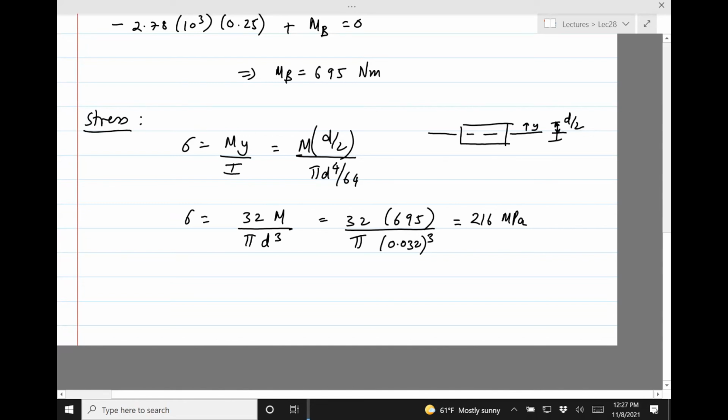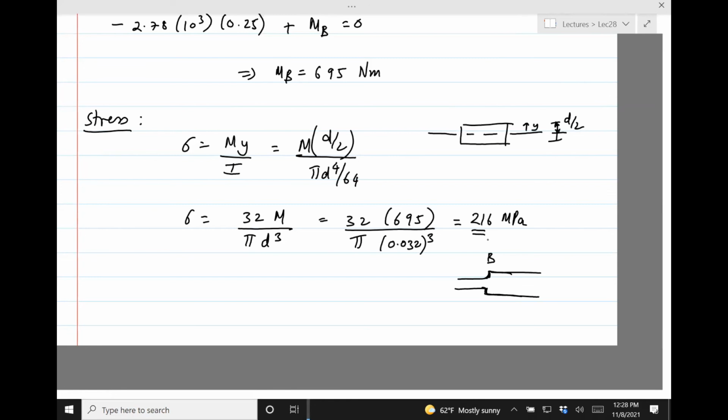Okay, so we found the stress, but remember that this is a shaft, and we're trying to find the stress here. Because there's a notch, the stress here is going to be higher than 216 because we need to include the effect of stress concentration. So now we need to find Kf.